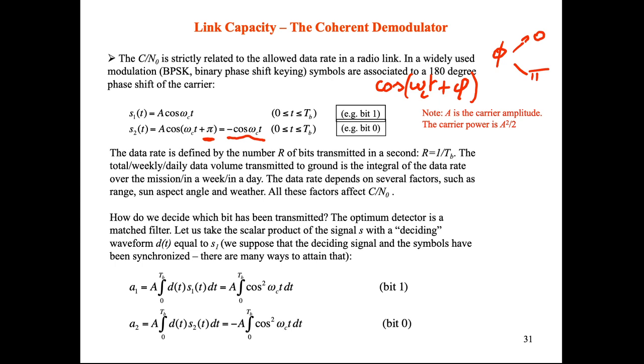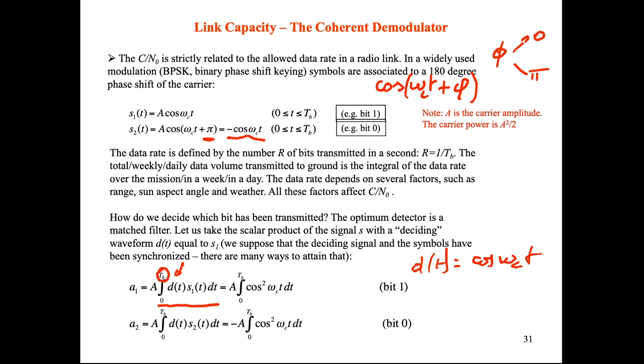The way in which we decide whether the transmitted bit was 0 or 1 is to take the scalar product with a deciding waveform d, which for us d(t) was cosine(omega_c t). So we take this scalar product over the bit duration.